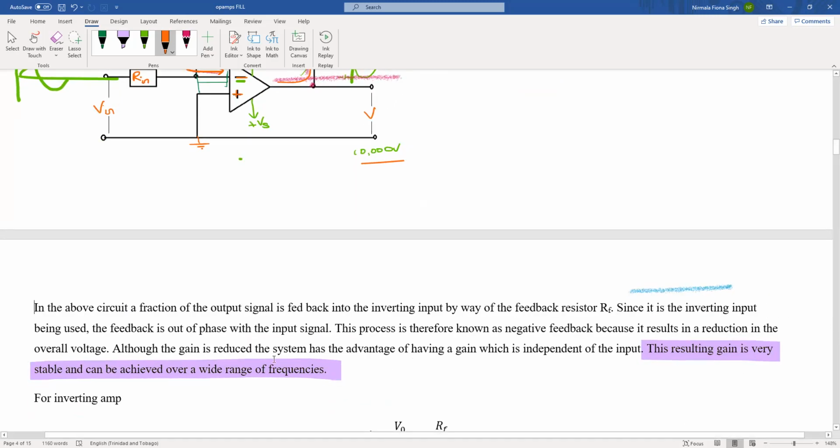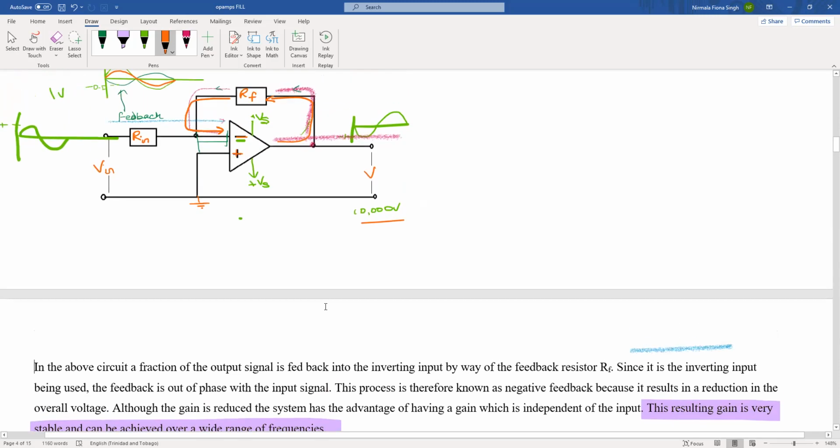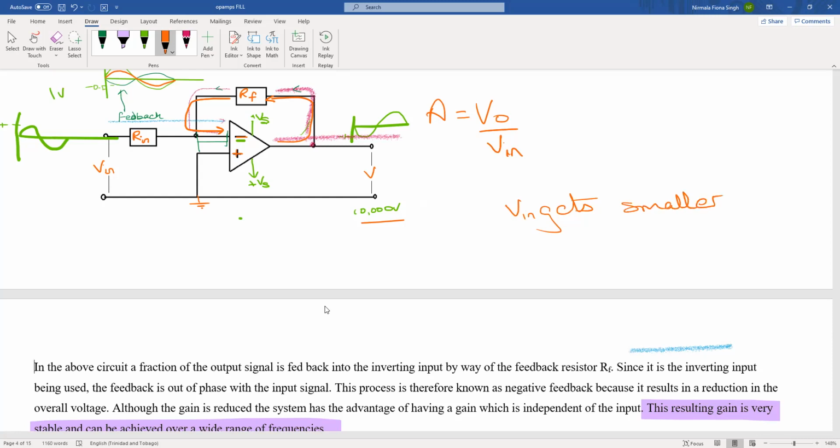Although the gain is reduced in the system, we can see how, because remember, gain is equal to your VO over your VIN. And if your VIN gets smaller, your V out will also get smaller and you'll get a smaller gain.